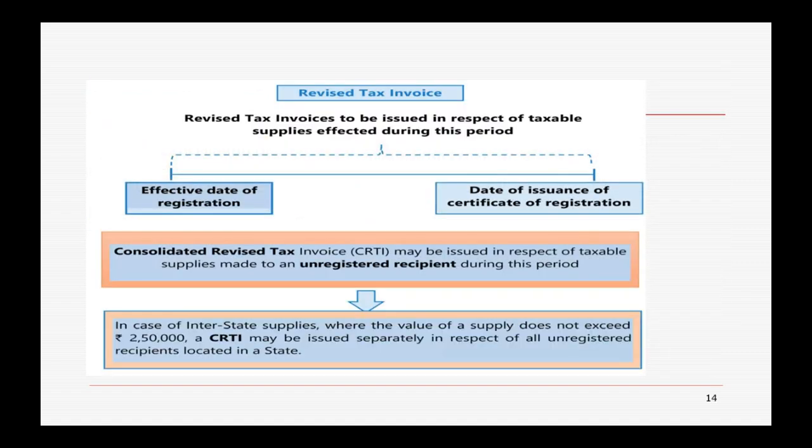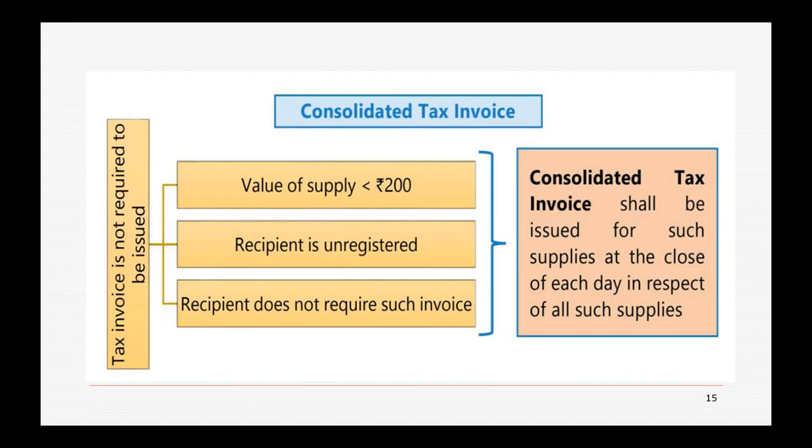You can also revise your invoice by effective date of registration. Suppose I exceeded my threshold limit and subsequently take registration. The date of registration will take some time, so in between, I can continue my business and issue invoices. That invoice you can again revise by putting in your number.